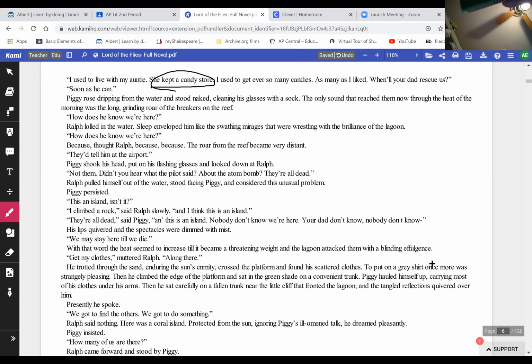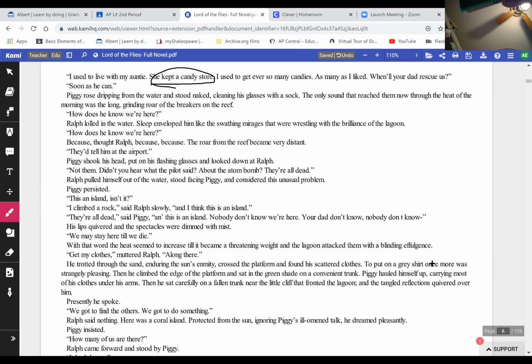And then Piggy's the one that brings up the realization of the situation. They're talking about the people. He says, "They're all dead. This is an island. Nobody knows we're here." And then we get this: "We may stay here till we die."